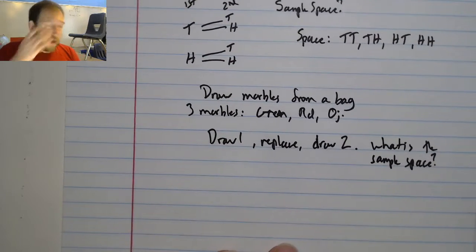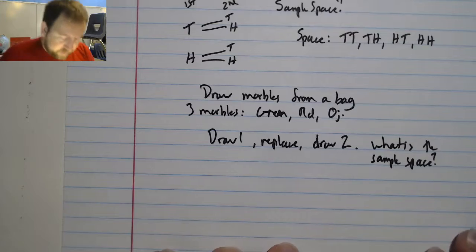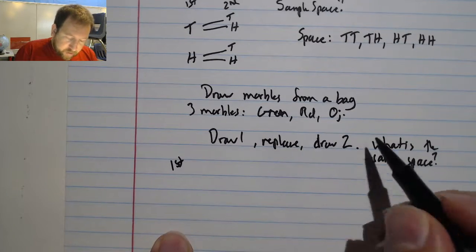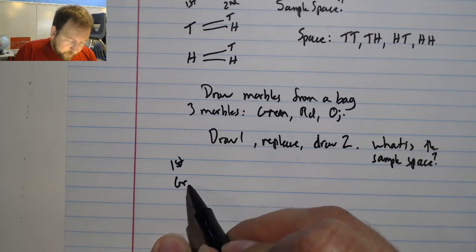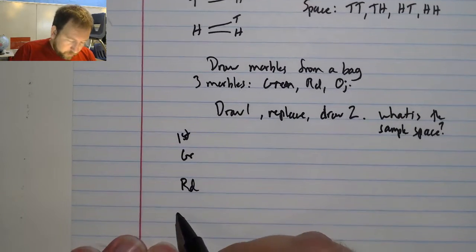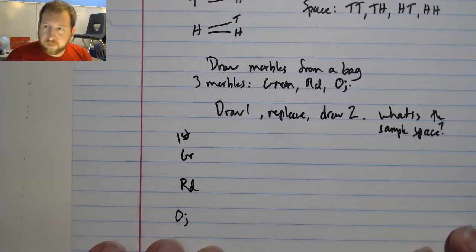Well, I could think in my head, or I could build my tree again, which is what I'll do for this case. So I could draw a green, a red, or an orange.